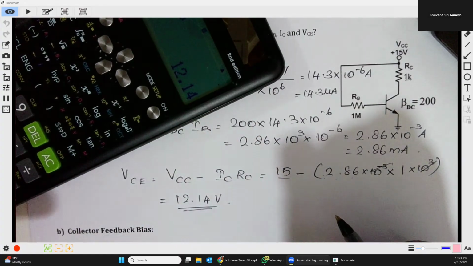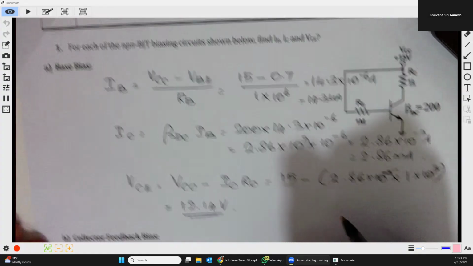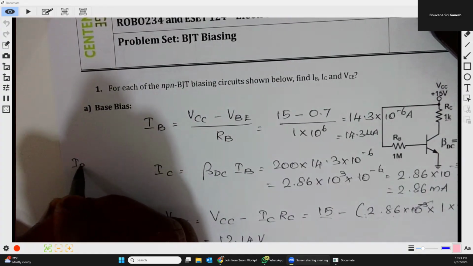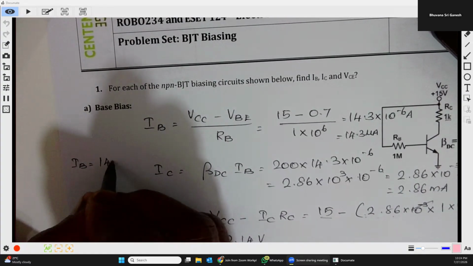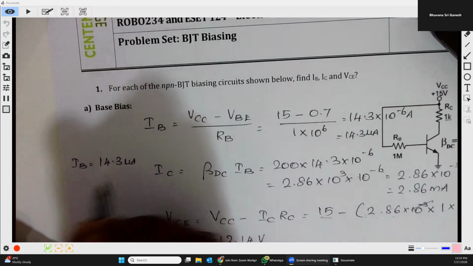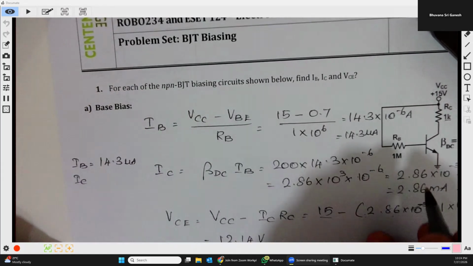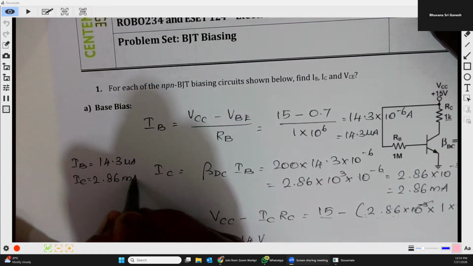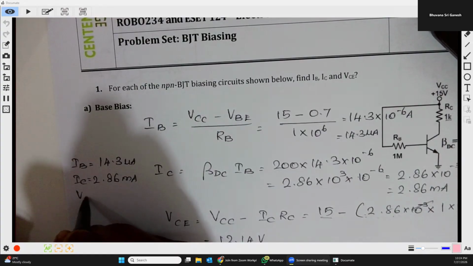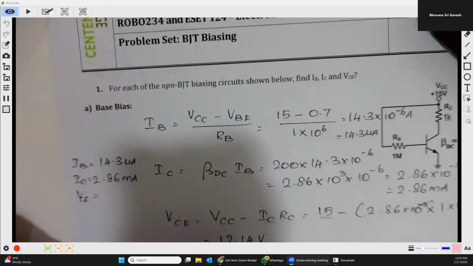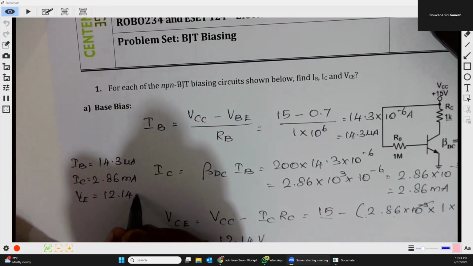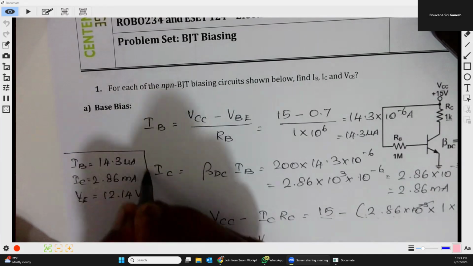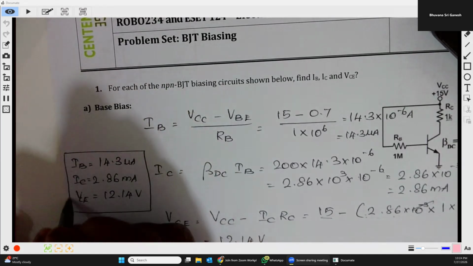So if you write them all here, IB equals 14.3 microamperes, IC equals 2.86 milliamperes, VCE equals 12.14 volts. These are the answers.